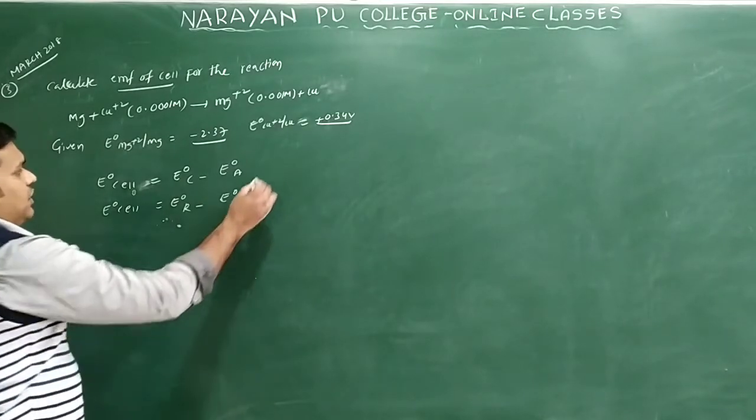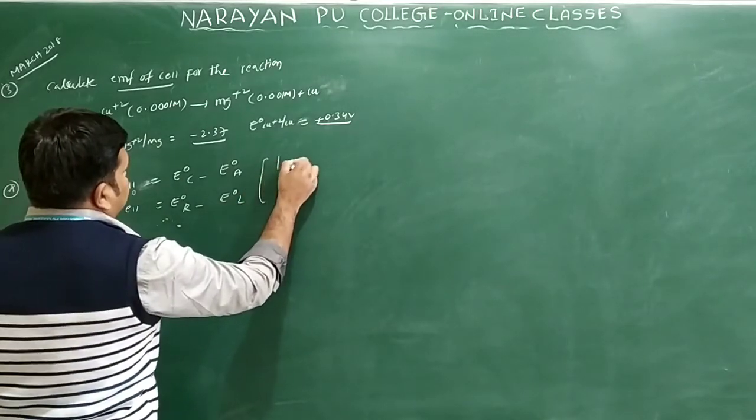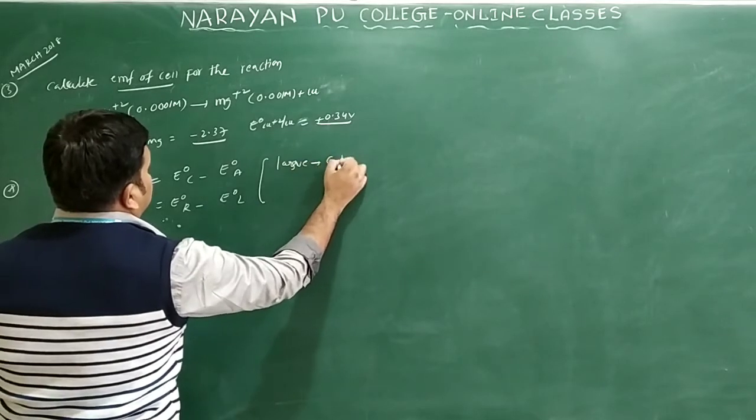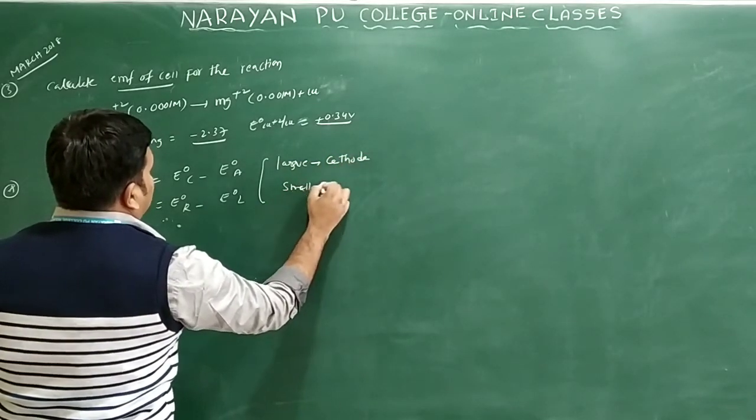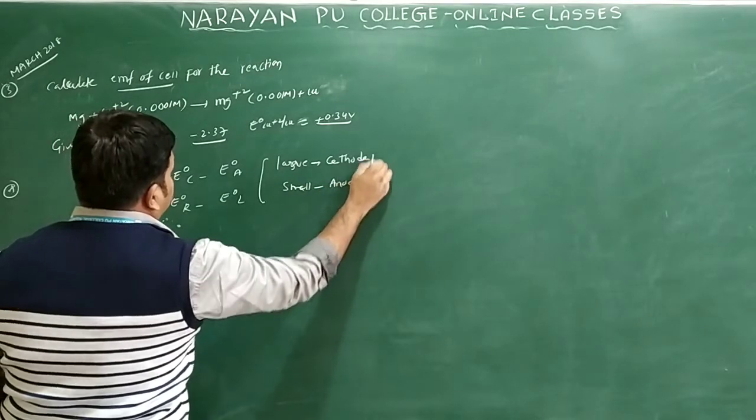Simple trick: the large value is always the cathode, and the small value is always the anode, if we have confusion.